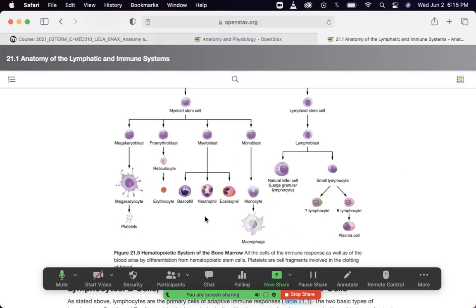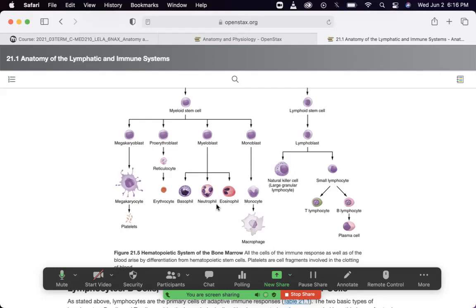Now, you may have heard CBC, complete blood count, or maybe you heard this. Maybe the doctor or nurse ordered a CBC with diff, also known as your differential. Now, what's your differential? All the different types of white blood cells. So we have platelets, those clot. Erythrocytes carry things like oxygen, carbon dioxide, and proteins and sugar, right?